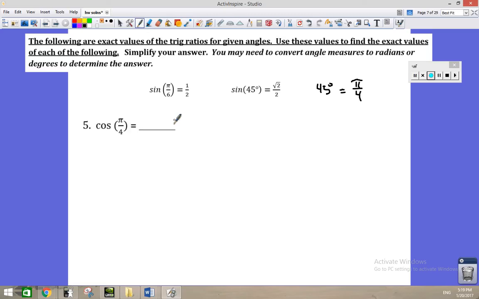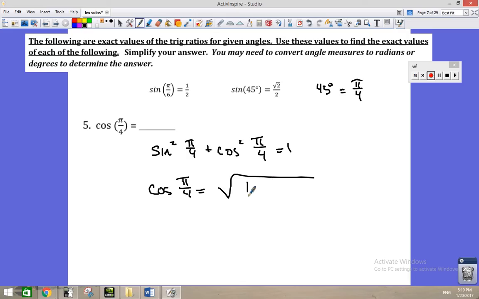Now, if I'm trying to use the identities that are in 8F, I can do it another way. So using the Pythagorean identity, I know that the sine squared of pi over 4 plus the cosine squared of pi over 4 is equal to 1. It wants me to solve this for cosine of pi over 4. So I'll take the square root of 1 minus the sine squared of pi over 4.